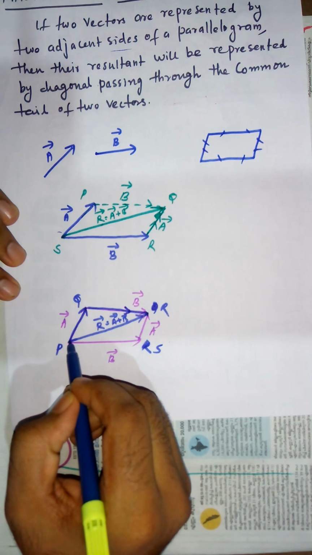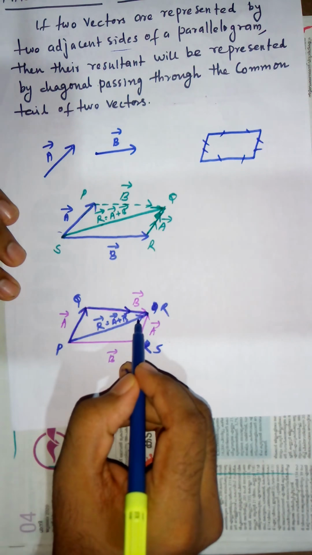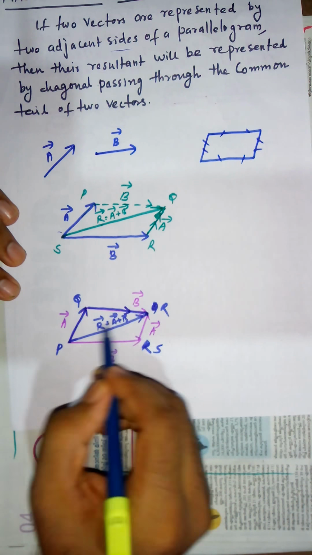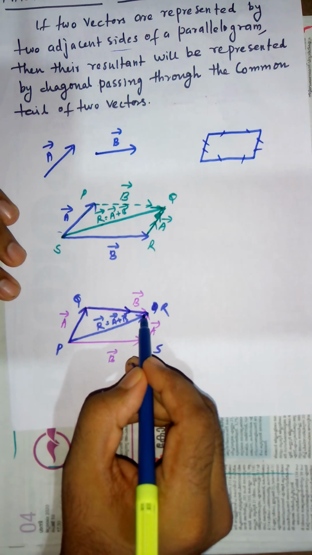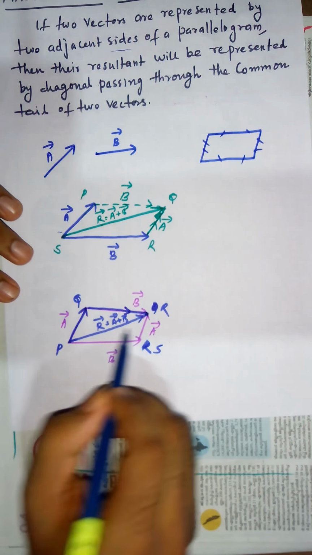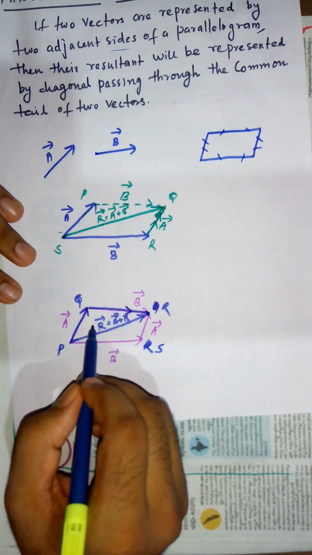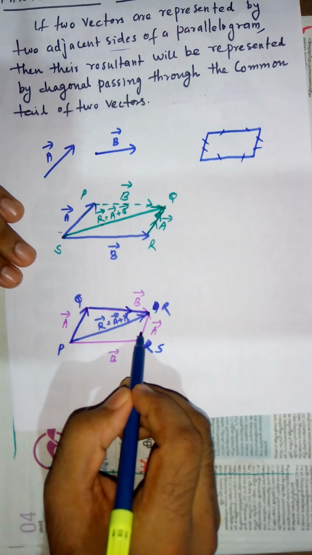Opposite order means not in the order of these two vectors. If I had taken the diagonal in the same order, the direction would have come from here to here, but it is not happening. We are taking its direction in the opposite order of vector A and vector B, okay.